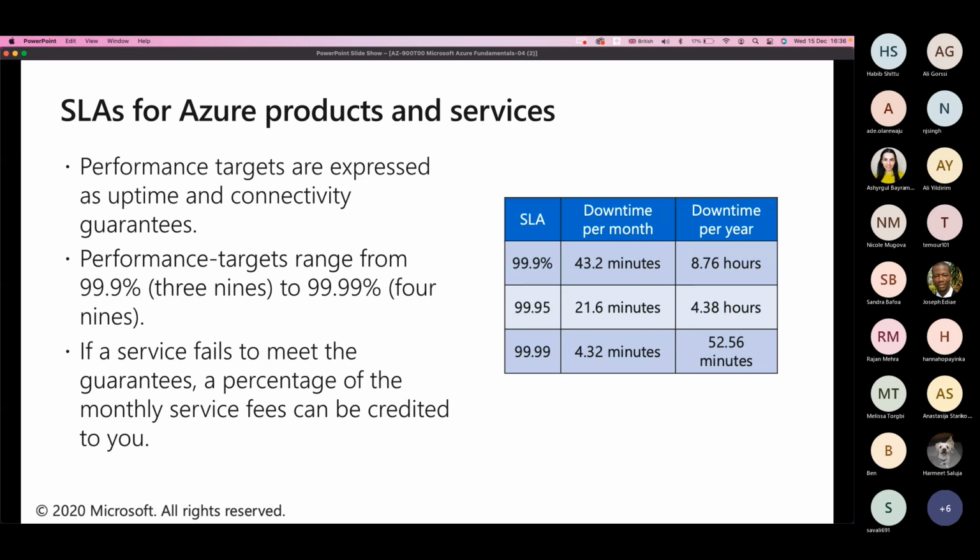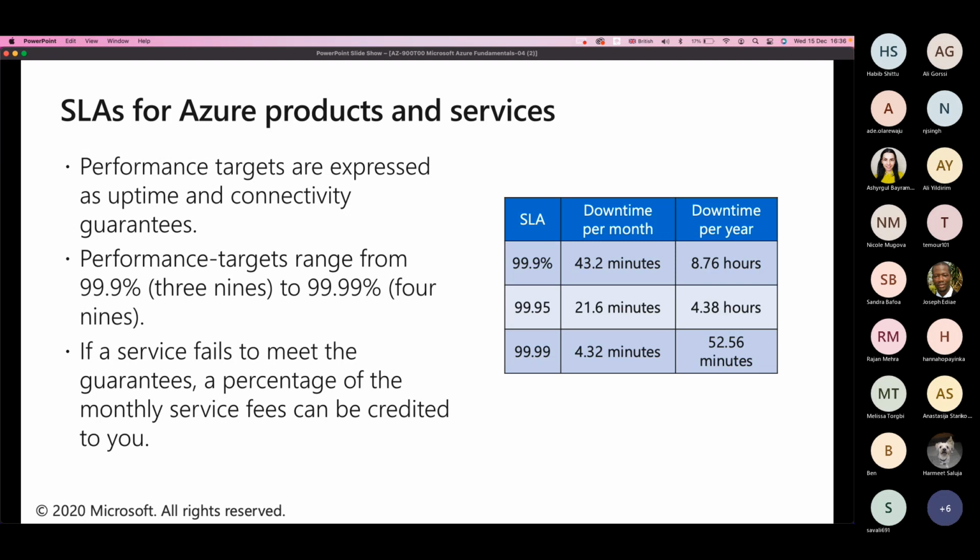Depending on what the service is and how the SLA is set up, the performance targets range from 99.9, so 3 nines, to 4 nines.